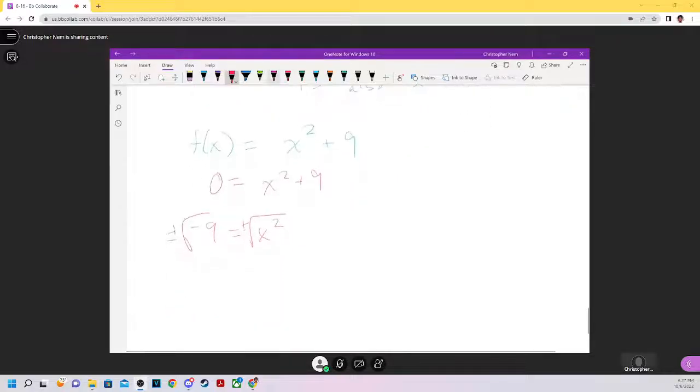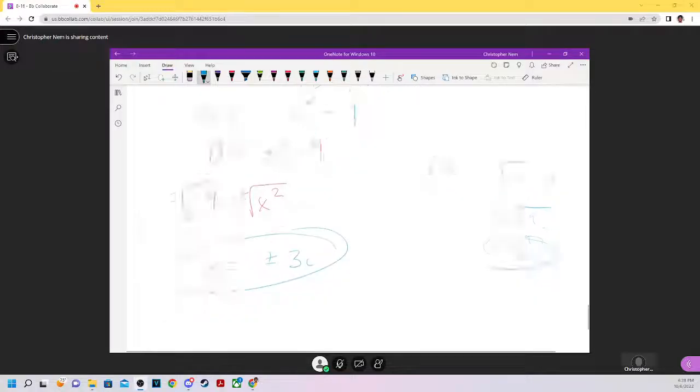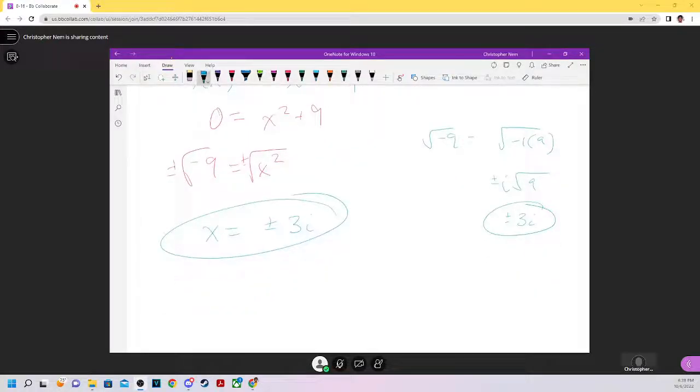The square root of negative 9 is the square root of negative 1 times 9. Remember, the square root of negative 1 is i, and I can pull out the 9, which becomes 3. So x equals plus or minus 3i. That means I have the complex conjugate with it. The first one is x equals positive 3i, and the second one is x equals negative 3i.